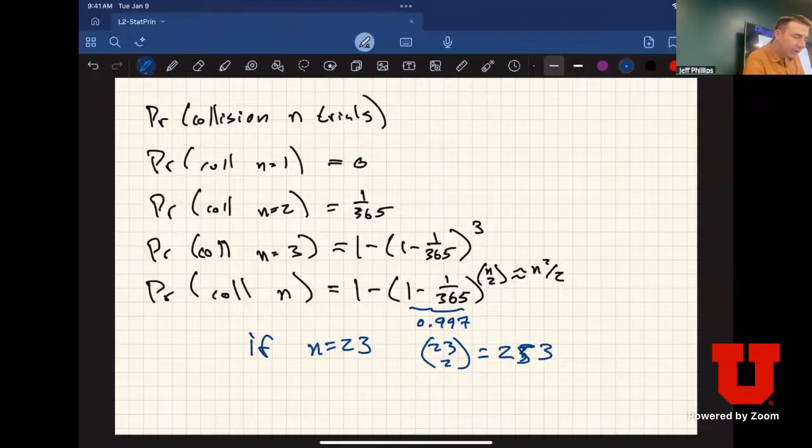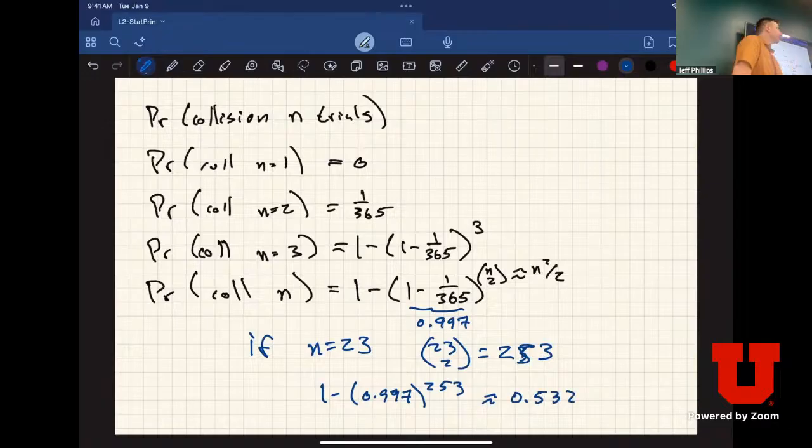So then 1 minus 0.997 to the power 253 is approximately 0.532, which means that if I have 23 people, according to this analysis, about 53% of the time 2 of them will share a birthday. And using this kind of modeling in mathematics, this generally works.